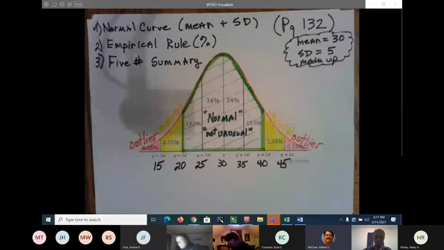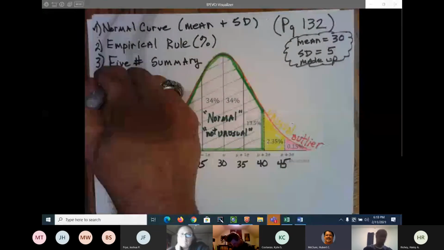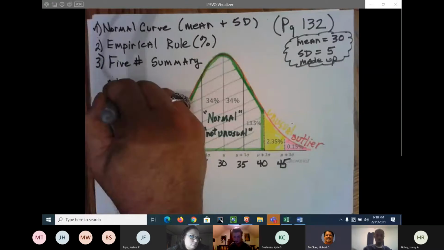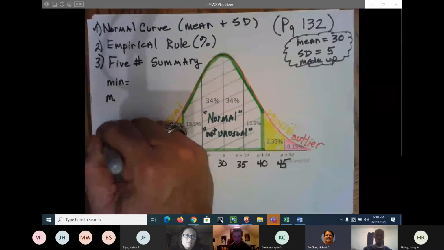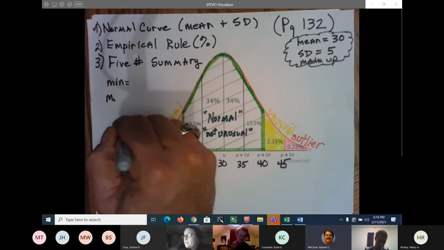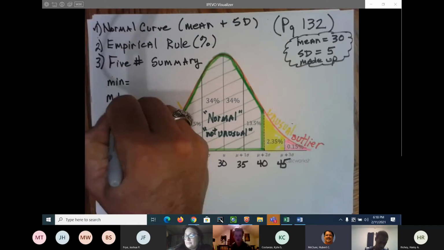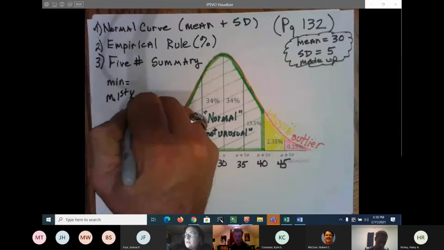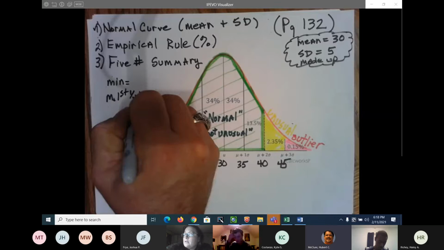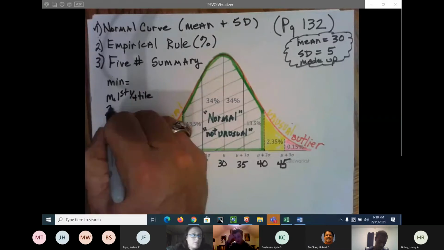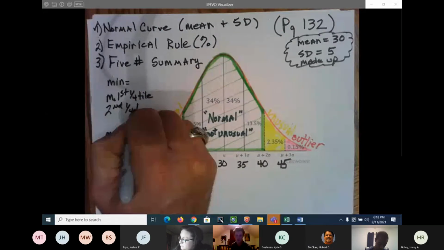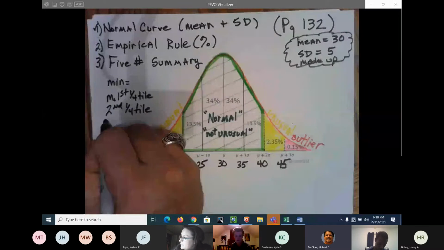Write it down right here: the min, the max, the first quartile, the second quartile, and the third quartile.